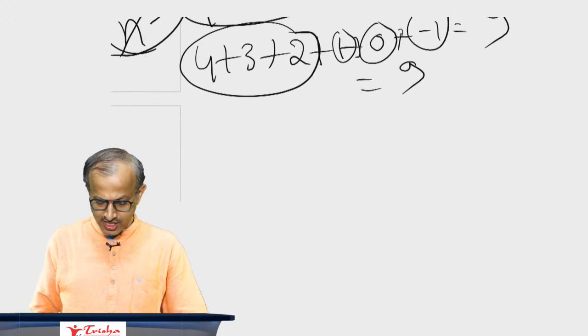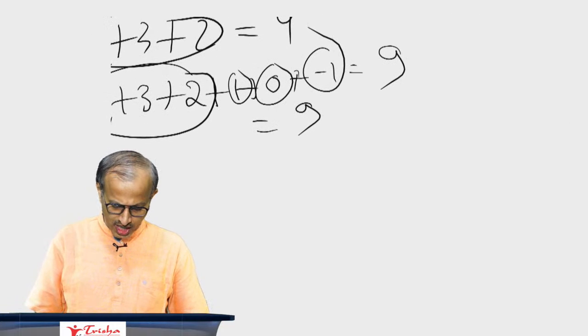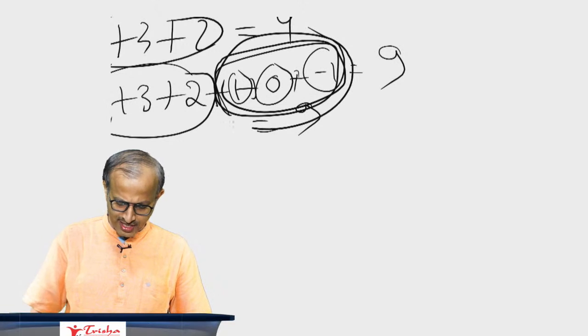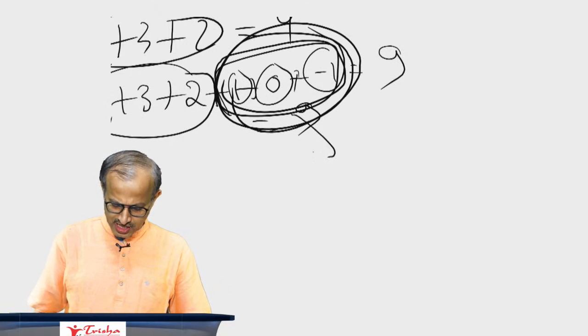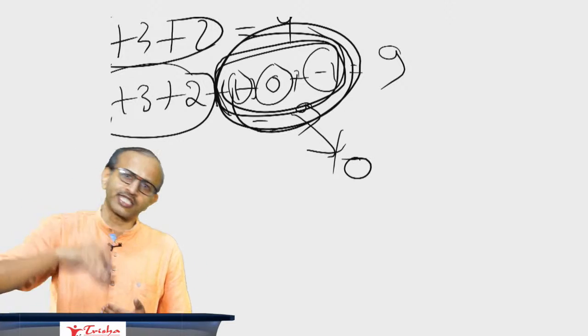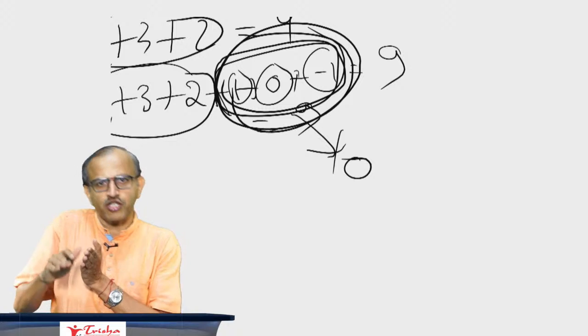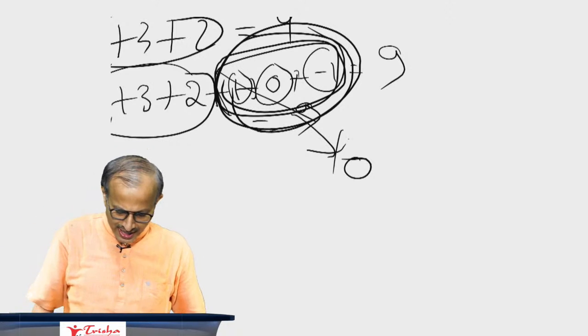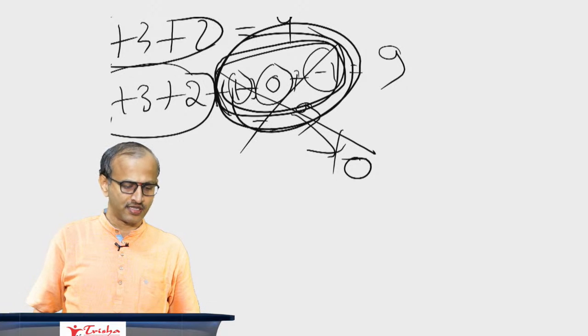There is another reason also, please make out the other terms. If I do the total 1 plus 0 plus minus 1, this total is still 0. That's why above also 9, next also 9, because the next terms are positive and negative, and the sum becomes 0. Therefore, I will not practically do it like this.